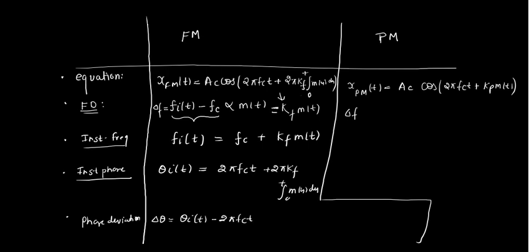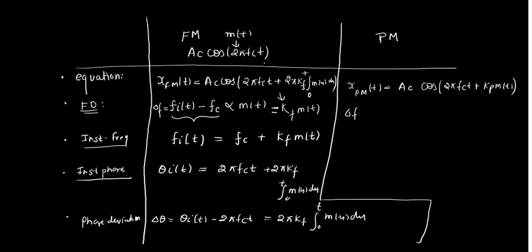Because you are modulating your carrier Ac cos 2 pi fc t with m(t). Delta theta, the phase deviation, will be 2 pi Kf integral m(u) du.